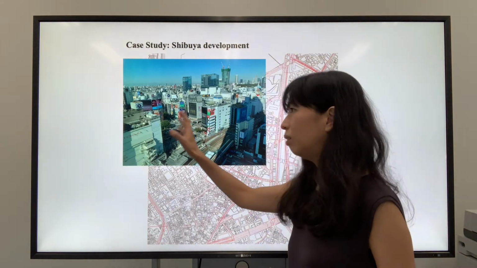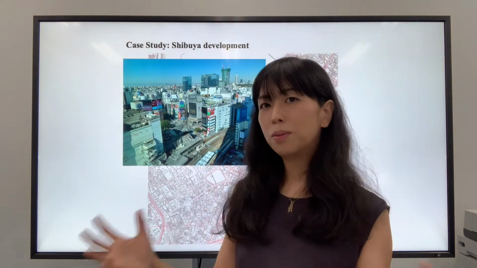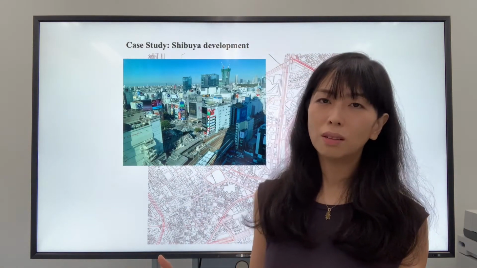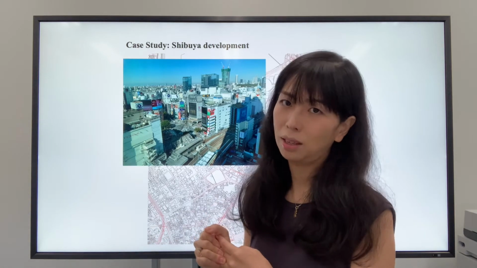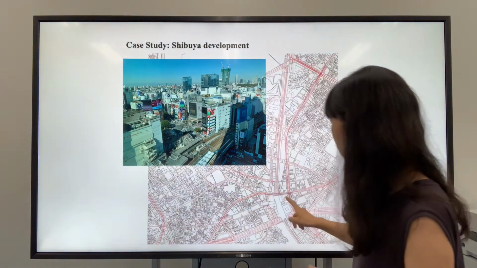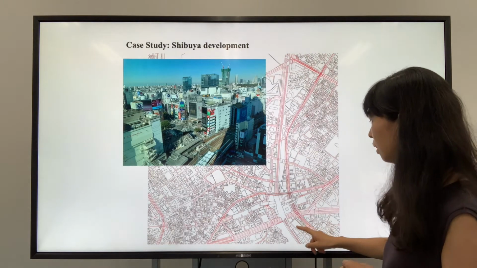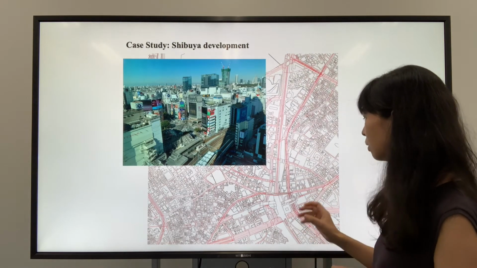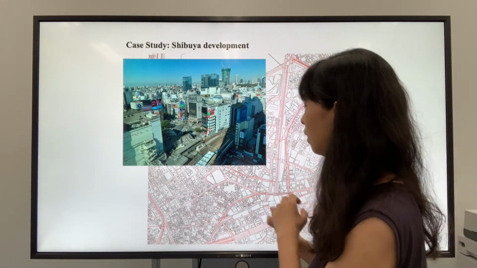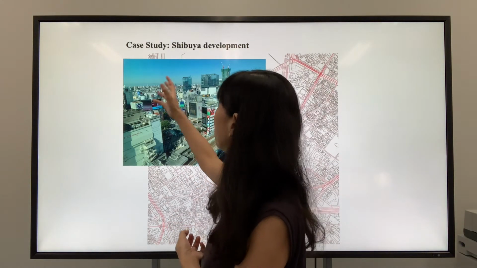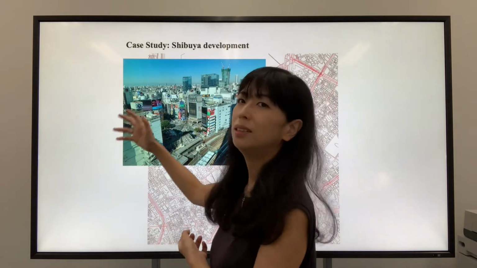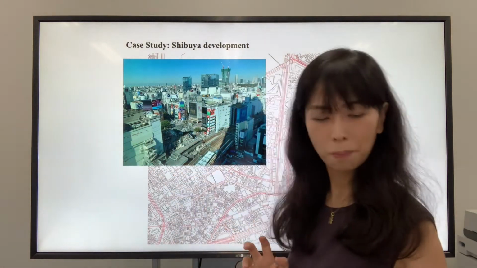They don't only do the suburban area development, but because this transit corridor plugs onto the Yamanote line, they also try to develop the hub city, in this case Shibuya.